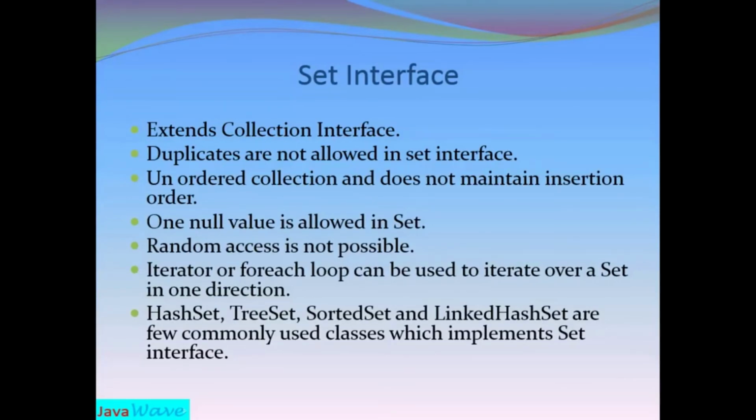One null value is allowed in set. Random access is not possible for set. Iterator or for each loop can be used to iterate over a set in one direction. HashSet, TreeSet, SortedSet, and LinkedHashSet are a few commonly used classes which implement set interface.